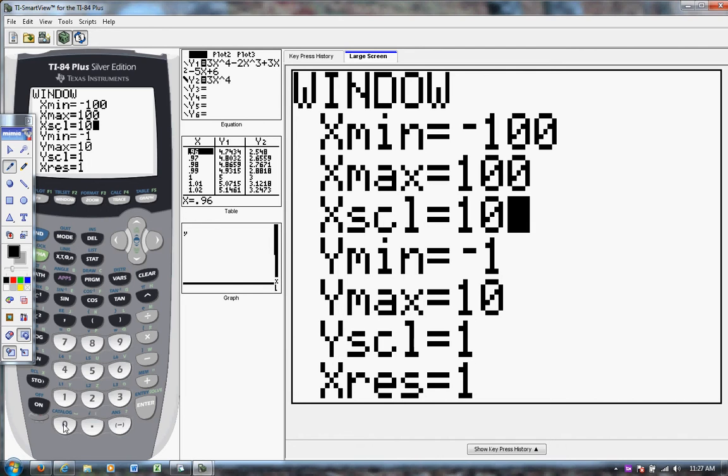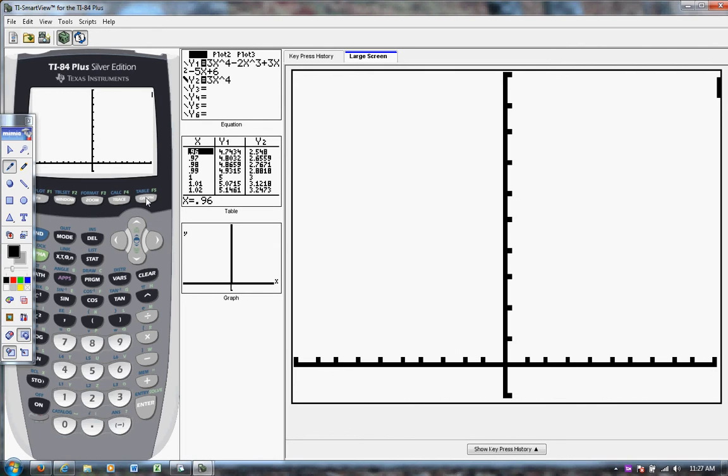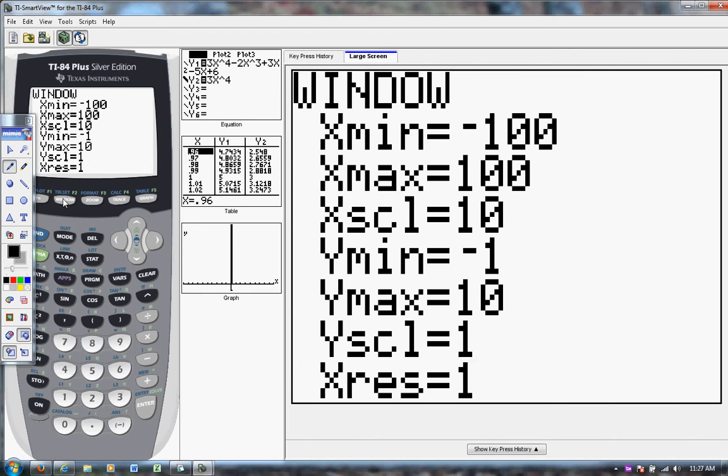This might be too far. I don't know. Let's just see. If it is, yeah, it's a little too far. So let's go back, and we had went -3 to 3.